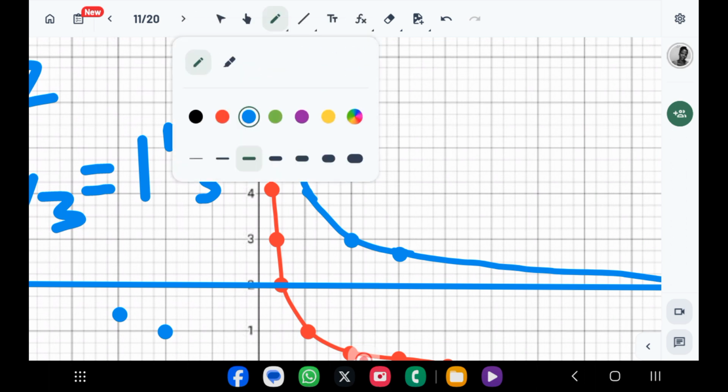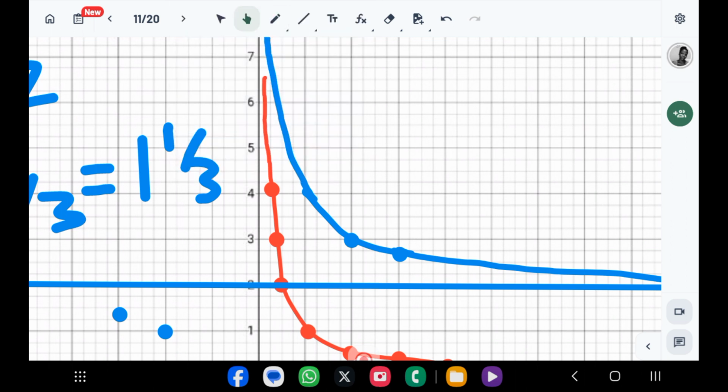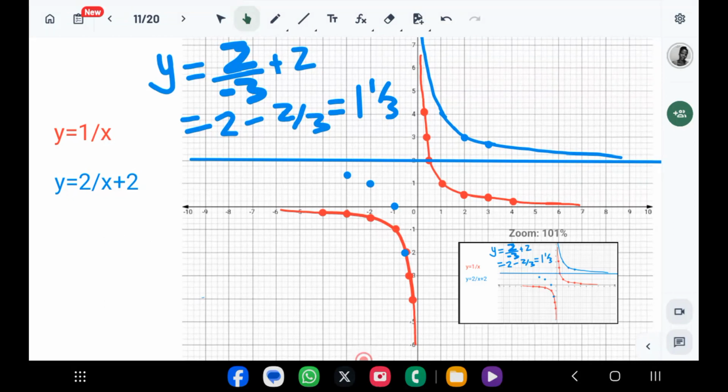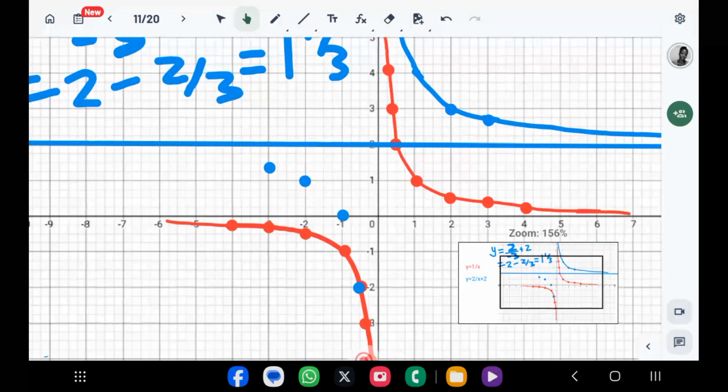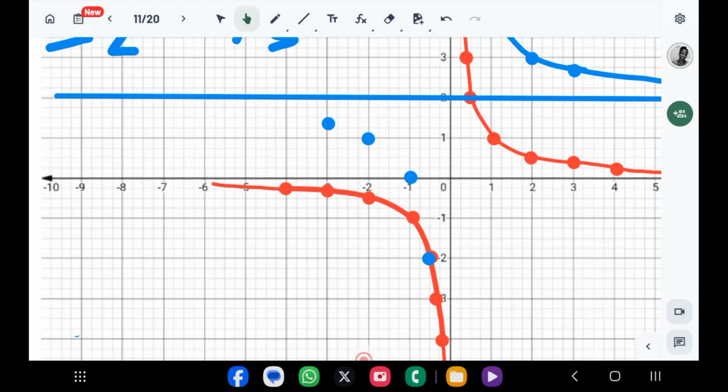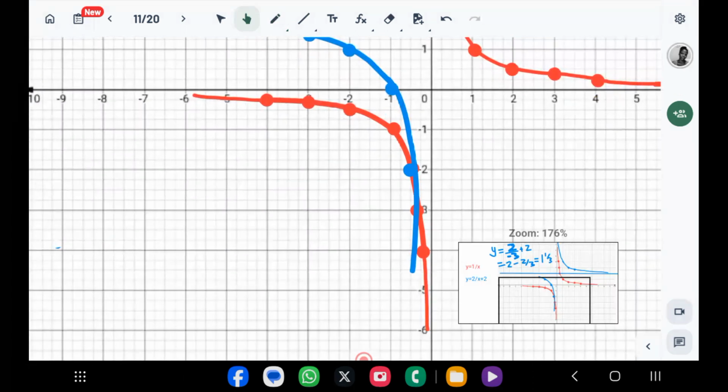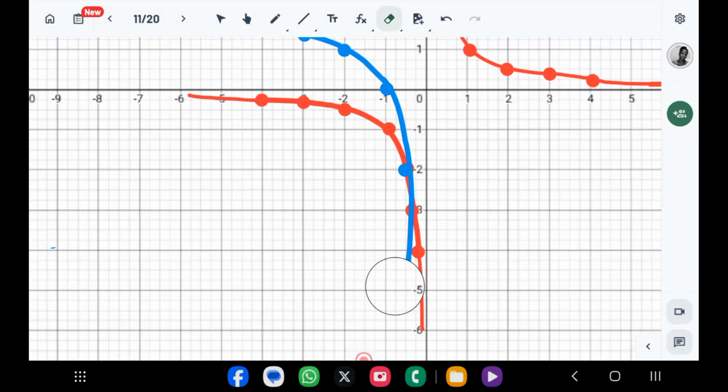On the other side, it will go like this. Let's fix it a bit.